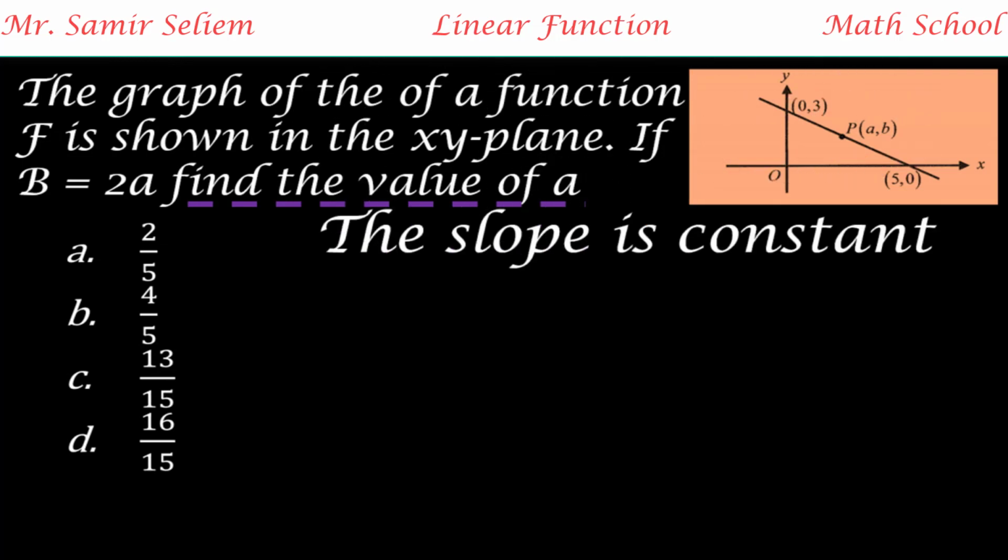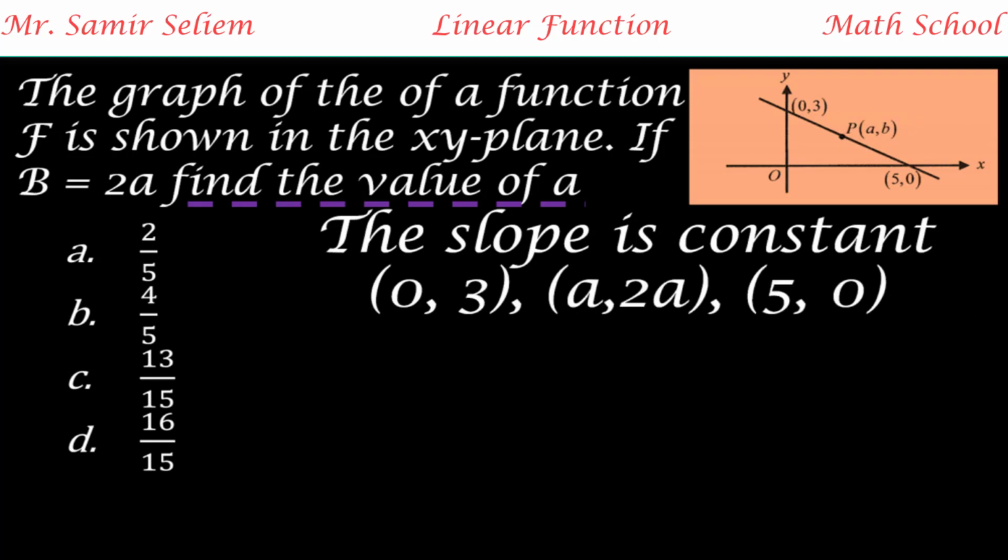Now we have the slope is constant. We have 3 points: 0, 3, and a, b, where b is 2a. So this point is a, 2a, and 5, 0. So we have the 3 points, 0, 3, and a, 2a, and 5, 0, and the slope is constant.